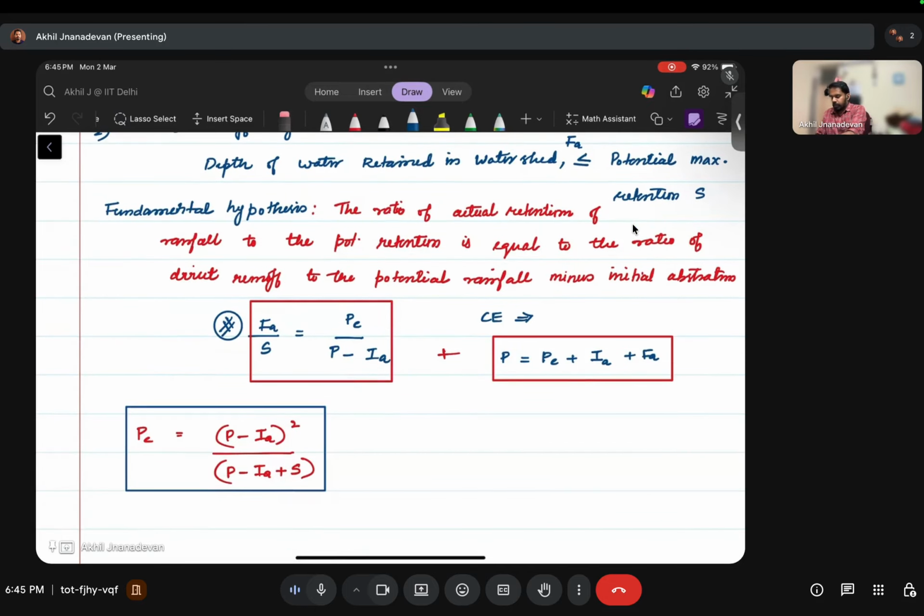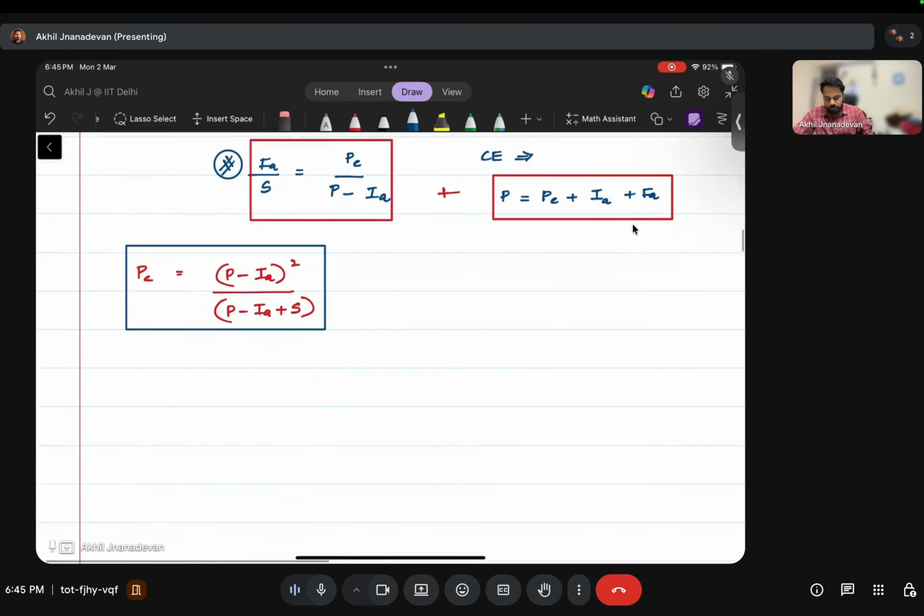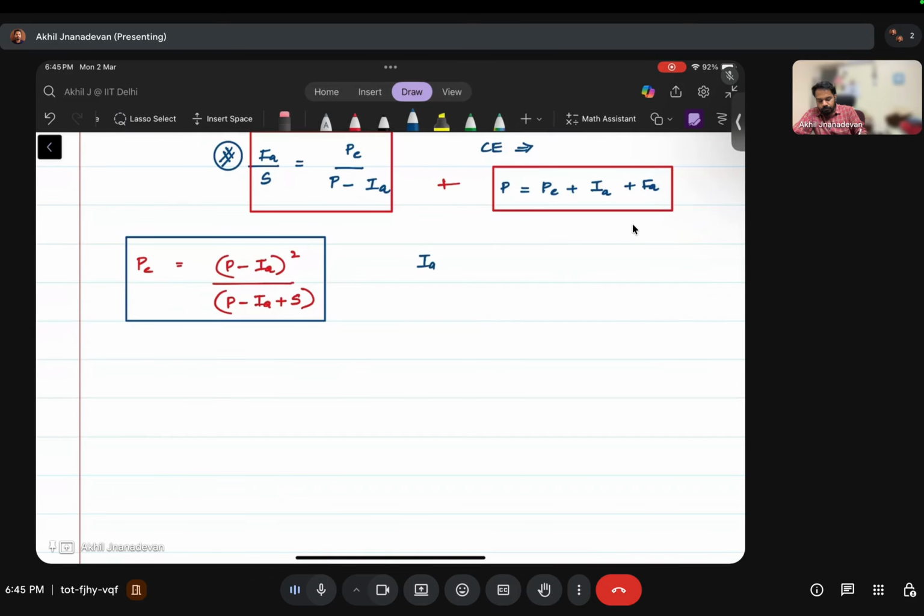Finally, we make some adjustments: initial abstraction IA is equal to 0.2 times the maximum retention storage. This we got experimentally; they conducted a lot of experiments and found this relation.